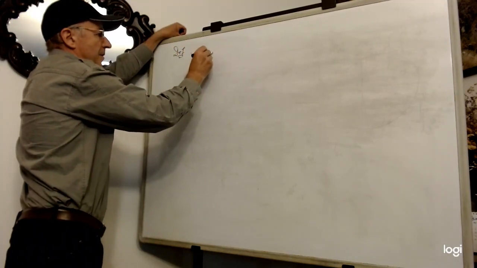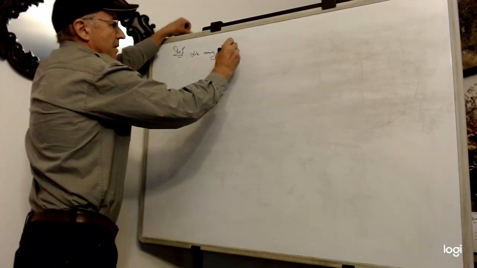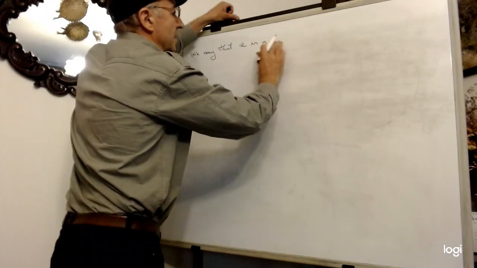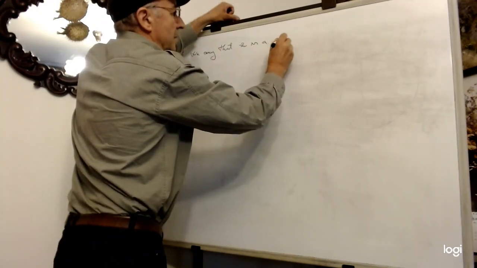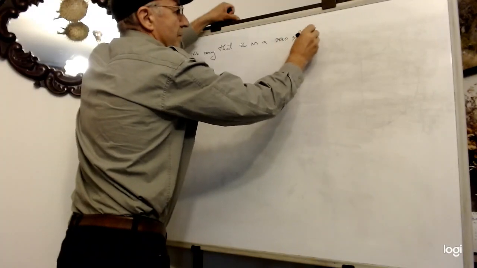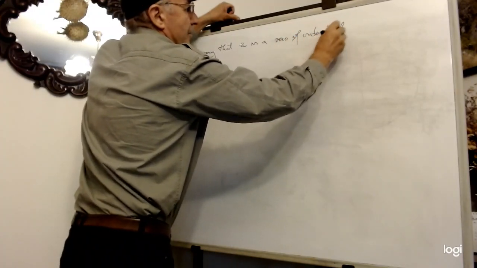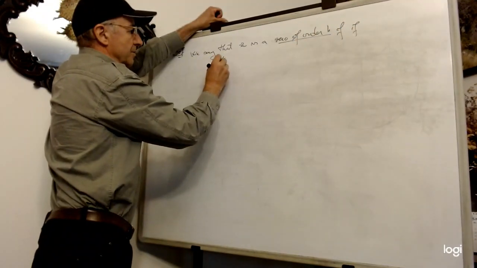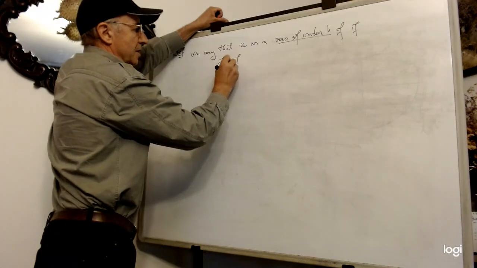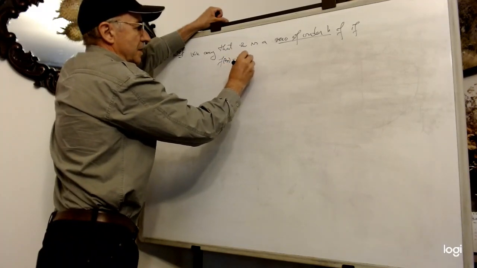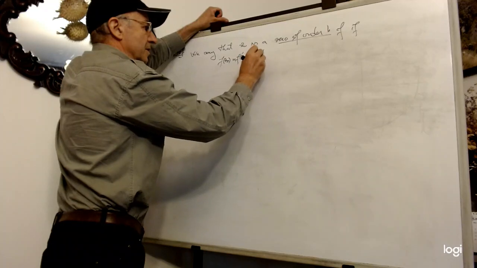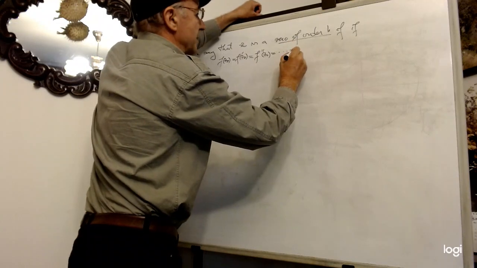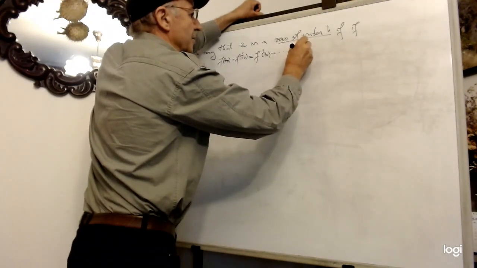We say that z0 is a zero of order k of f if f of z0 is 0, as well as the first derivative, the second derivative, all up to the derivative of order k minus 1.